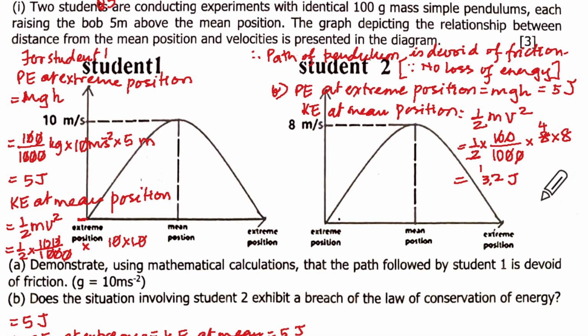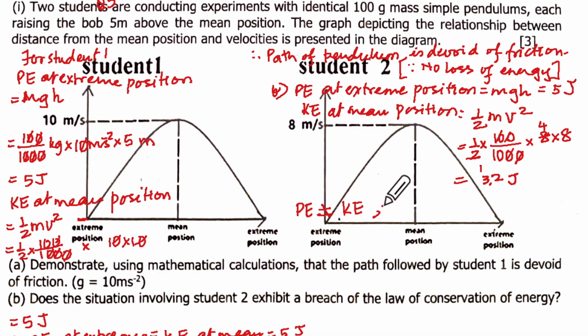Okay? Does it exhibit the breach of law of conservation of energy? Does it mean that potential energy is not equal to kinetic energy, so it has violated the law of conservation of energy? No. What must have happened? There is some energy which is lost in overcoming the friction. So you will say here that potential energy is not equal to kinetic energy.